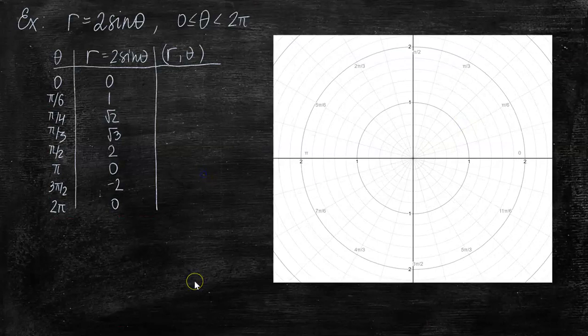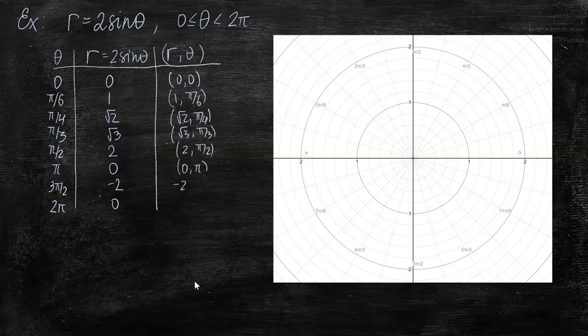We're going to plot all these points. So we're going to start with 0, 0, and then 1 comma pi over 6, square root of 2 comma pi over 4, square root of 3 comma pi over 3, 2 comma pi over 2, 0 comma pi. So we'll see how many points we actually need to plot to see the pattern, but the more the better.